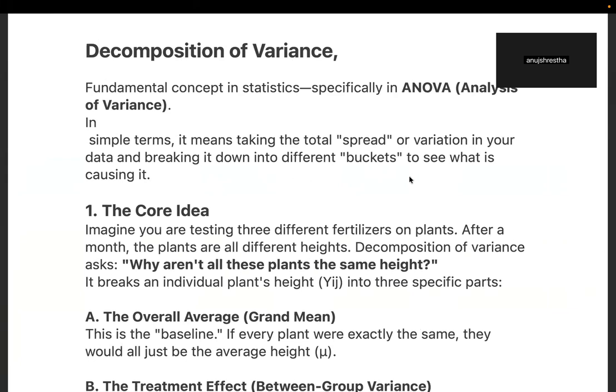What are the contributing constituents? The variance that you see is composed of different variances within. We want to see what these constituent parts are that are giving this variation. So this we are decomposing.